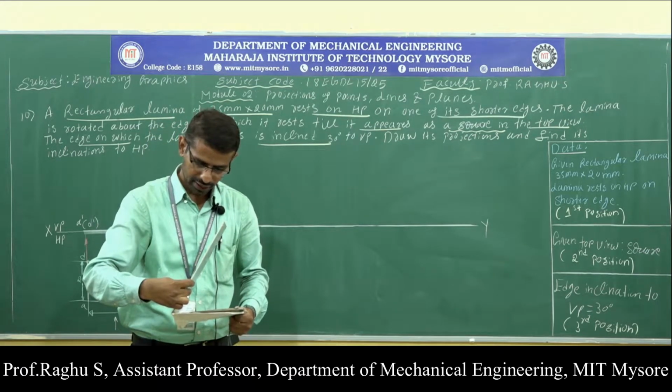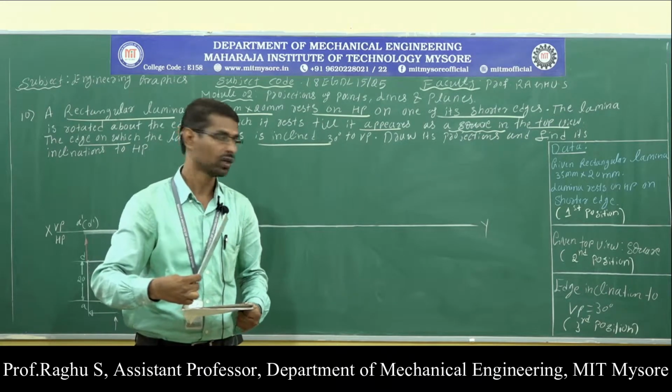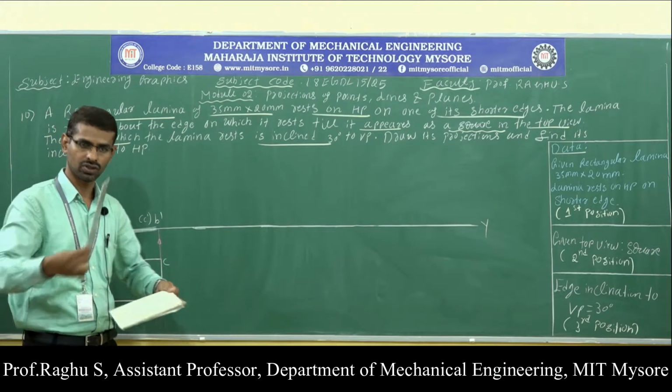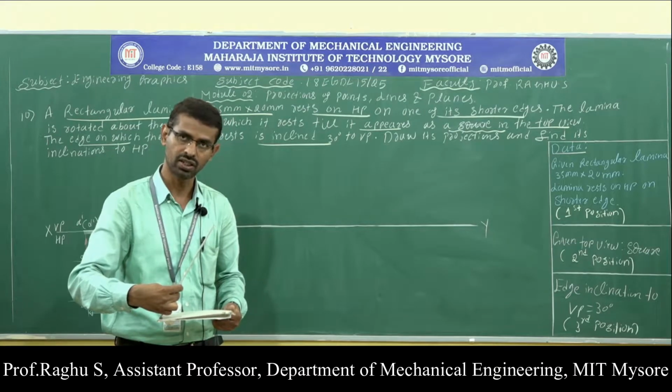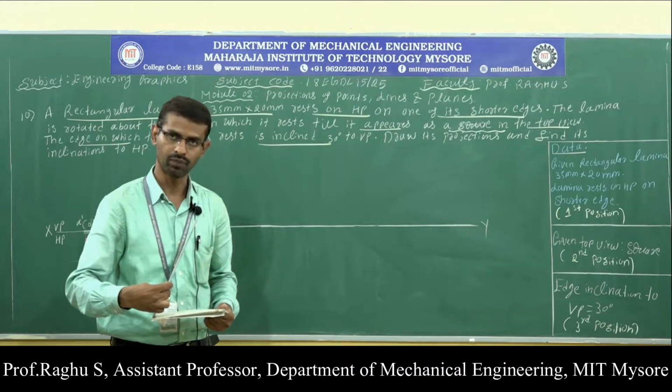The square dimension is 20 into 20 mm, because when you rotate this rectangular lamina about the resting edge, it appears as a square of dimension 20 mm.